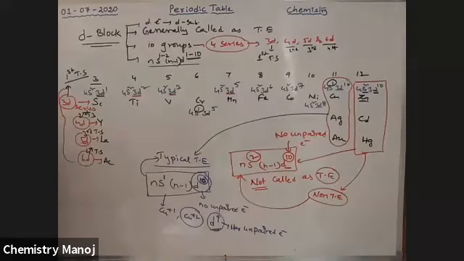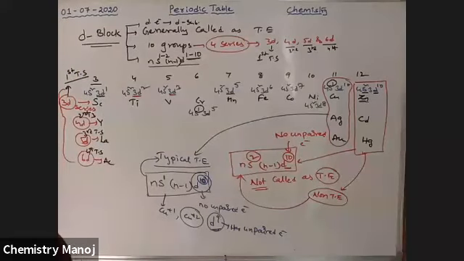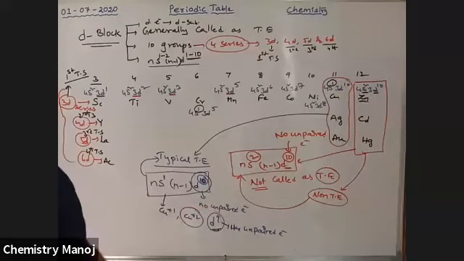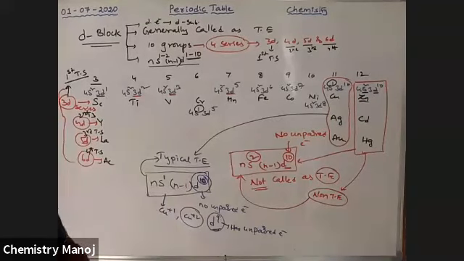That means directly these elements have no unpaired electron, but one of their oxidation states has an unpaired electron. That's why the properties are similar to transition properties. That's why these are called special type of transition elements, typical transition elements.